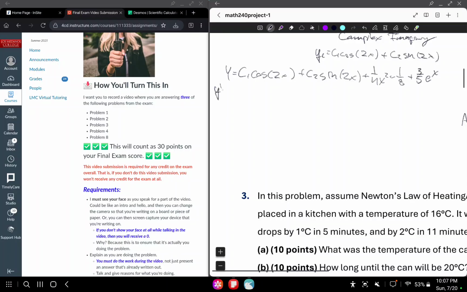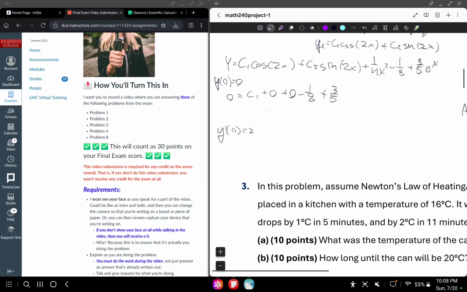Okay, so y of 0 equals 0, y prime of 0 equals 2. Okay. Plug in 0: cosine 0 equals just c1, sine disappears, so c2 is gone. 1/4 times 0 squared, so 0, plus 0 minus 1/8 plus 3/5.